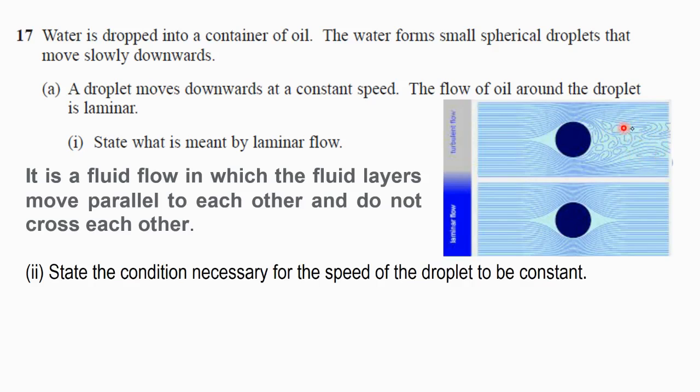So it is not a laminar flow. But in the second case, each and every layer is moving parallel to each other and there is no intermixing of layers taking place, so it can be treated as a laminar flow.